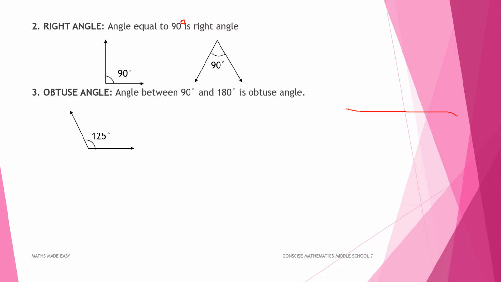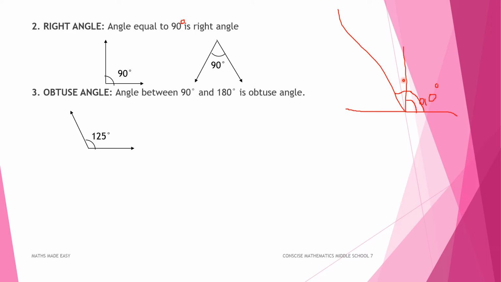Let me take a pencil here. This is 90 degrees. And if you consider a line over here, the angle between them will be more than 90, right?